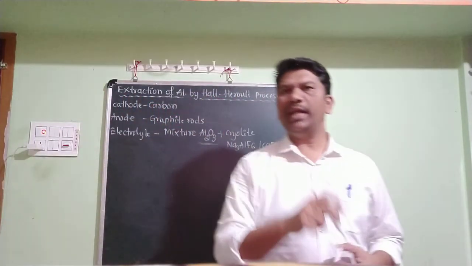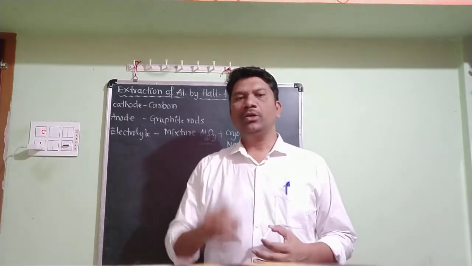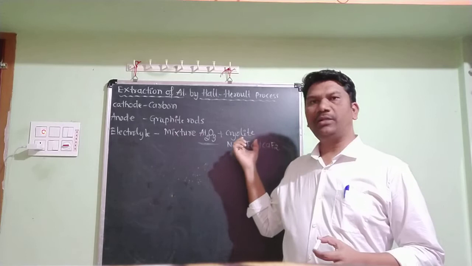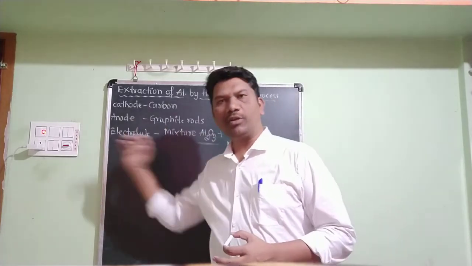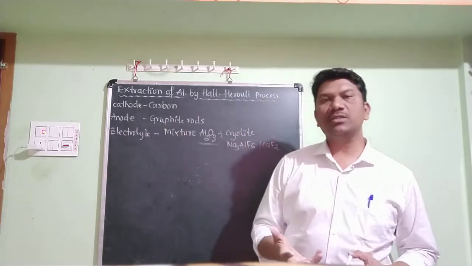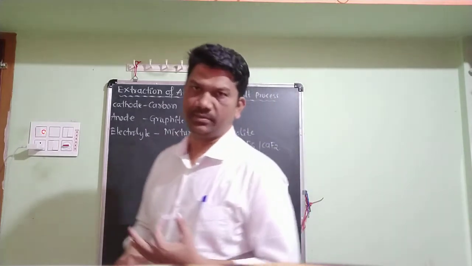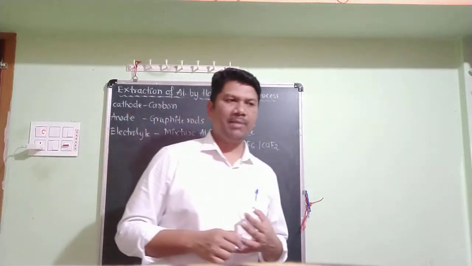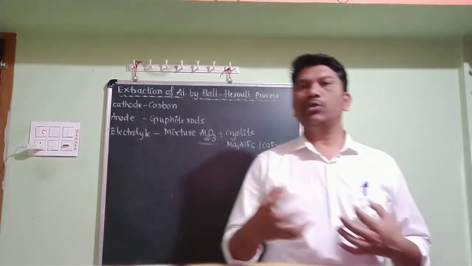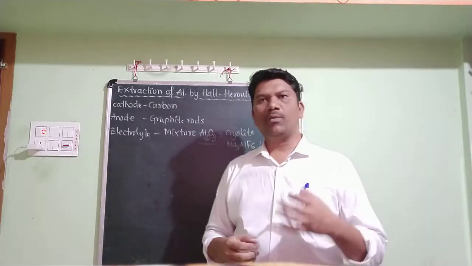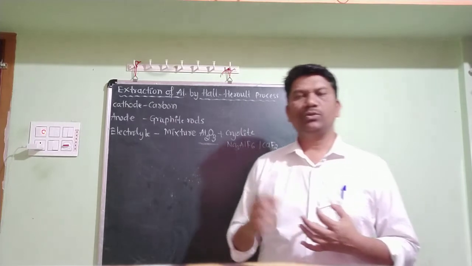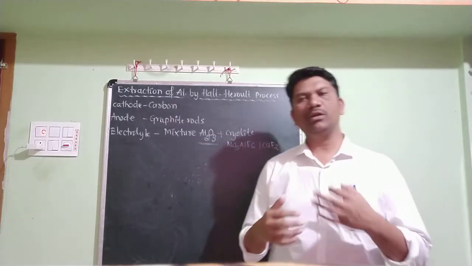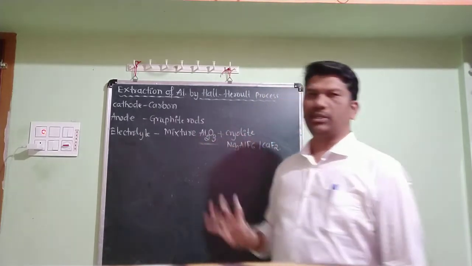That cryolite lowers the melting point of electrolyte and increases the conductivity of electrolyte. In examination, they may ask what is the role of cryolite and why you are using cryolite. So the role of cryolite is that it increases the conductivity and lowers the melting point of electrolyte.